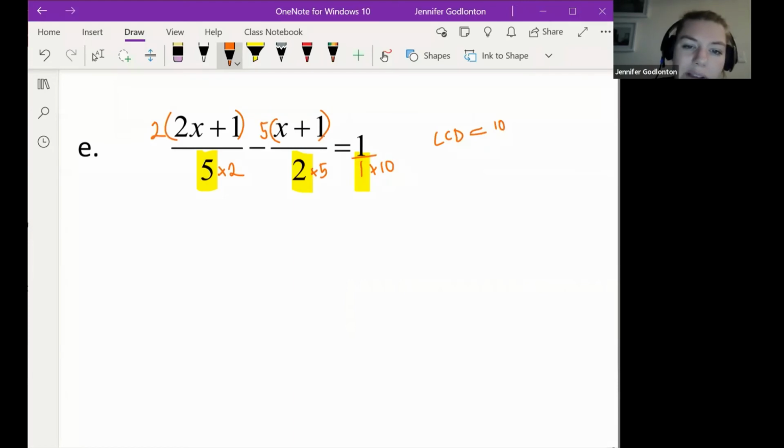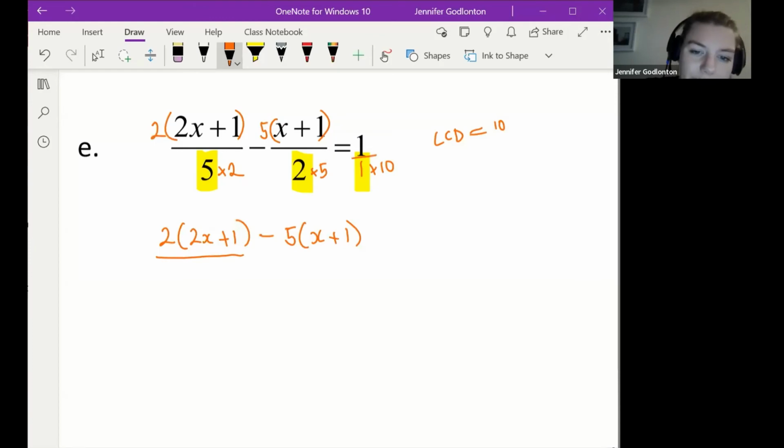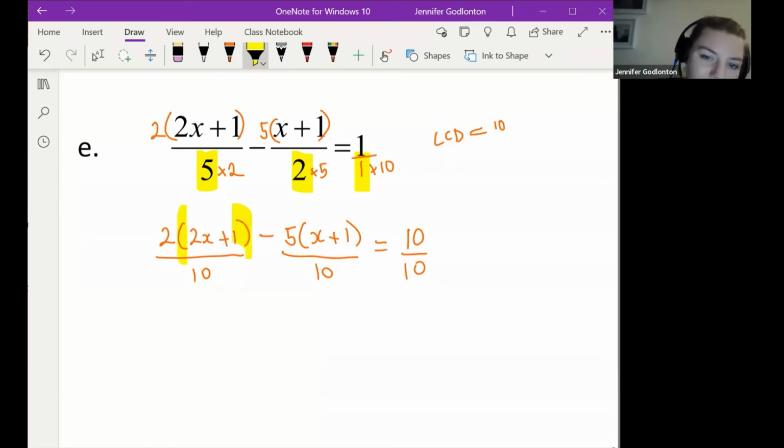So what this ends up looking like is 2 times (2x plus 1) minus 5 times (x plus 1), that's over 10, and that's equal to 1 times 10, which is 10 over 10. The important difference here is that we're putting them in these brackets and multiplying the number at the front.